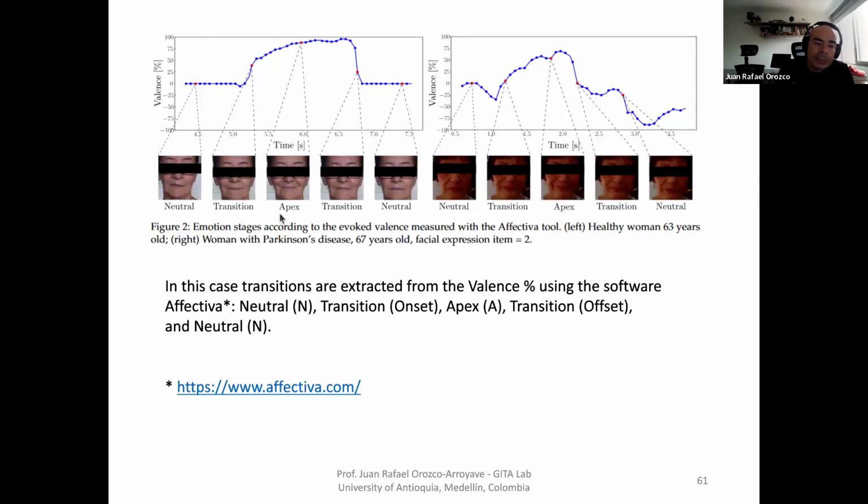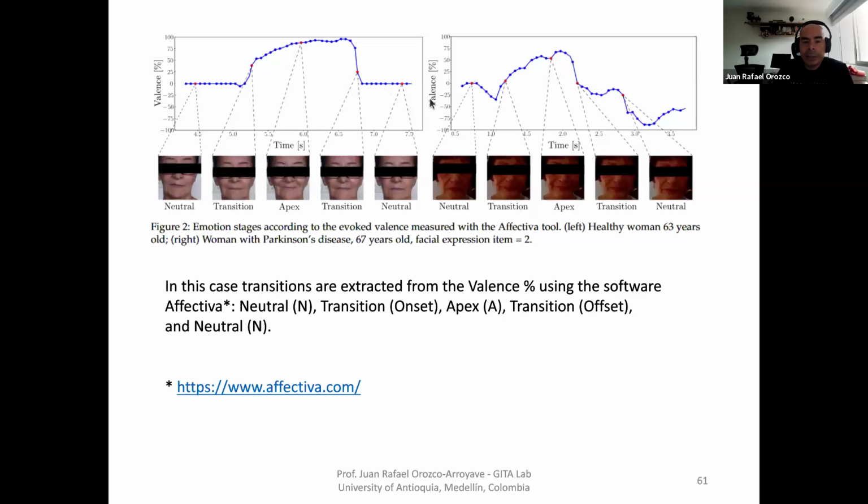So we annotated this with a software called Affectiva. And so the initial part is called the neutral part, then the onset part, then the apex is when it is kind of stable, and then the offset, and then the neutral, trying to imitate the same transitions as the ones I showed you in speech, gait, and handwriting.